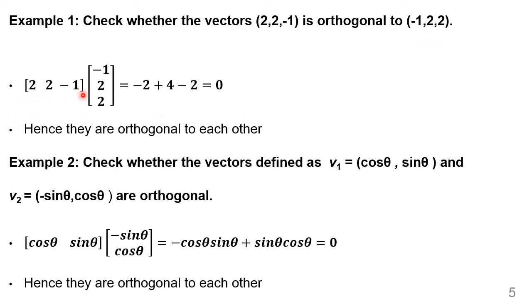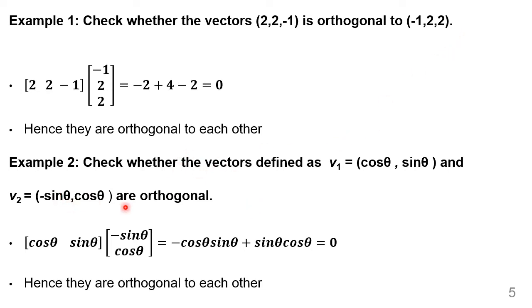So I have written here x transpose 2, 2, minus 1 multiplied by y, minus 1, 2, 2. That gives you minus 1 into 2, minus 2, plus 2 into 2, plus 4, and plus minus 1 into 2, minus 2. So the sum of this turns out to be 0. So I can say that these two vectors are orthogonal to each other.